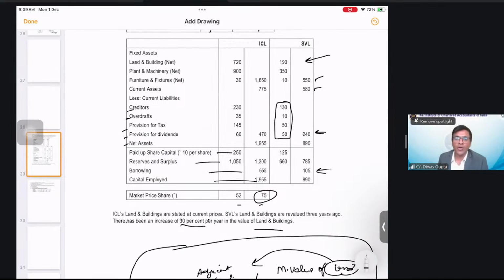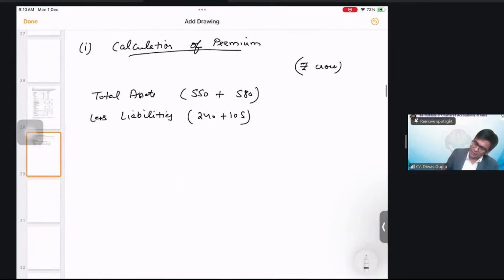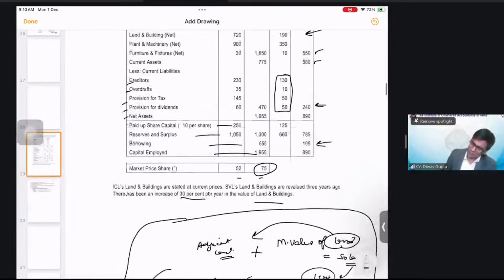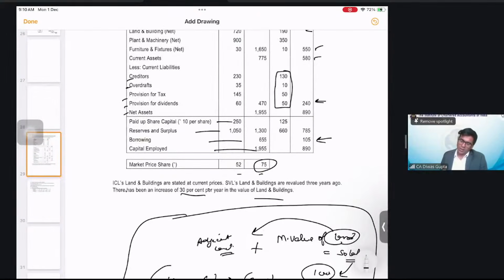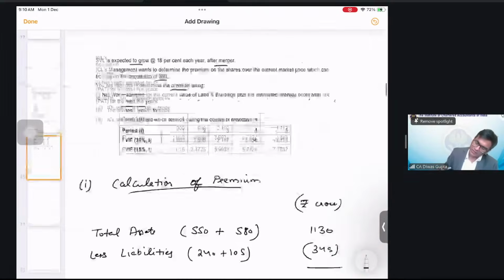Okay. So 240 plus 105. This becomes 345, and here it was 1130. Right. So this becomes the 785 of net worth. Okay.